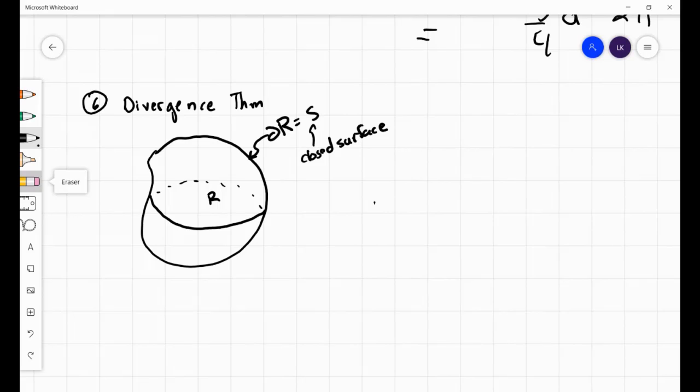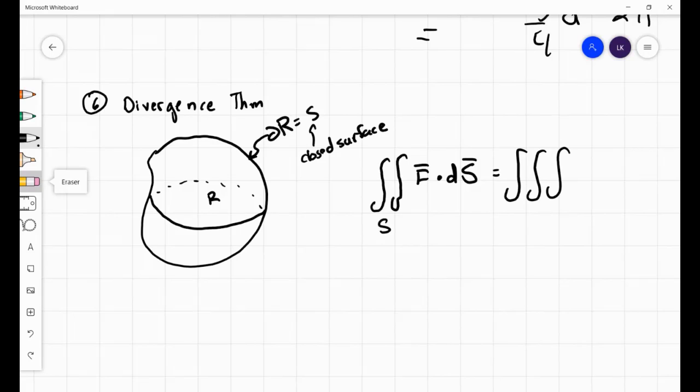The divergence theorem says that if you want to compute the flux of some vector field through that closed surface, that's equivalent to instead doing a triple integral over the enclosed 3-dimensional region of the divergence of your vector field. And this is some volume element, let's just call it dV.